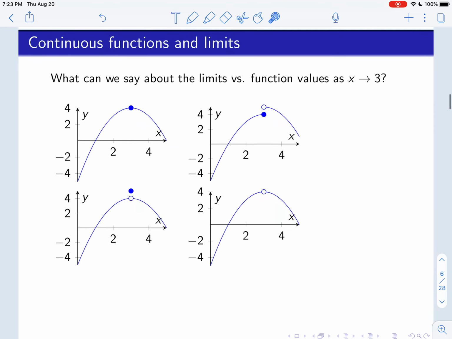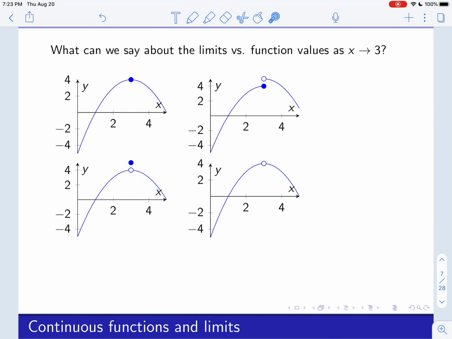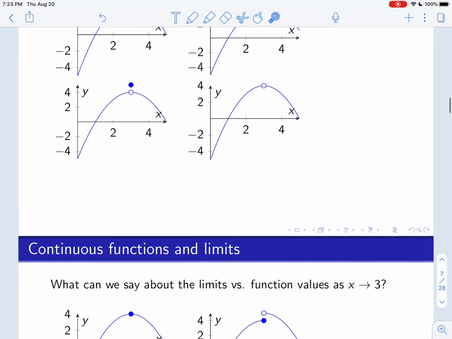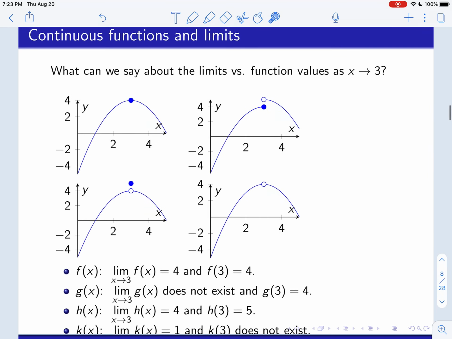Well, what can we say about their limits versus their function values? Let's take a little bit of a more careful look at that. So same set of graphs. If this one is f and this one is g, this one's h, and this one's k.